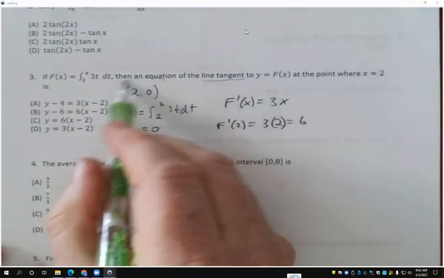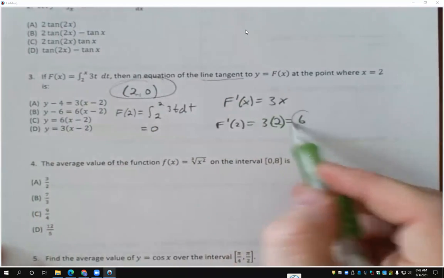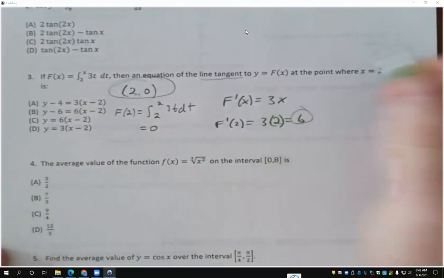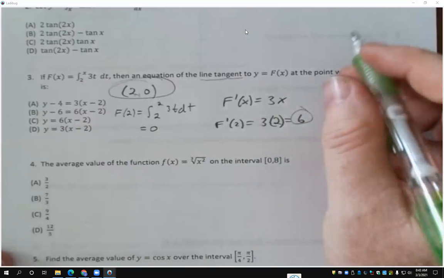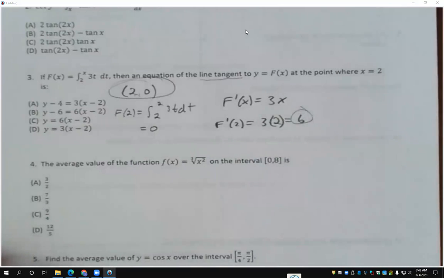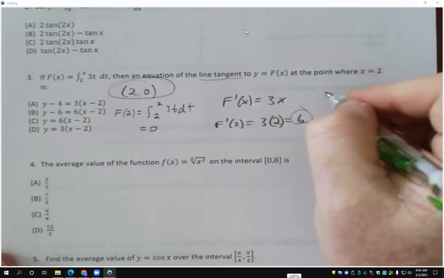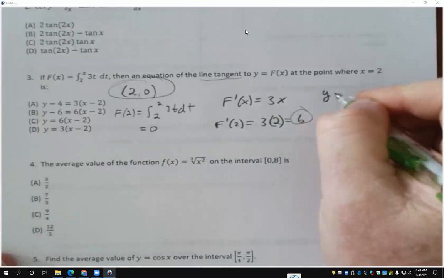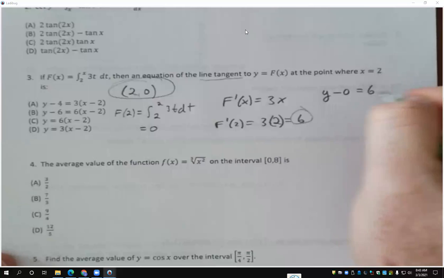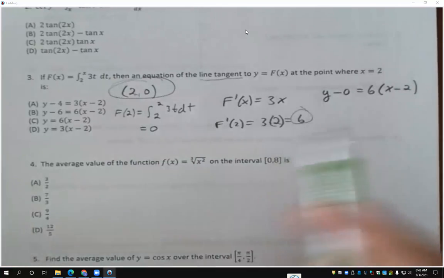So I have a point and I have a slope. Now to write the equation, I'm going to go to point-slope form first and then adjust from there. So we have y minus y1 is equal to m times x minus x1. And then I go look and see if that's on there, and it is.